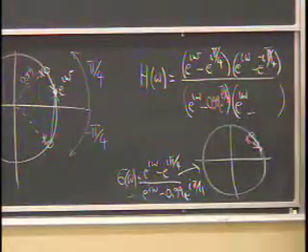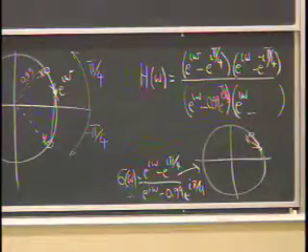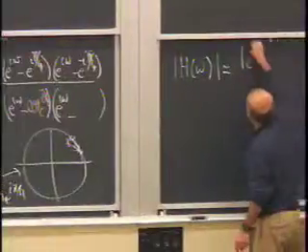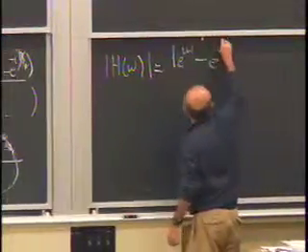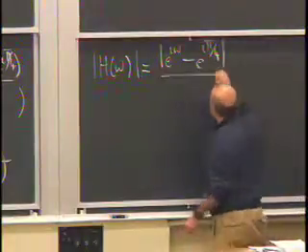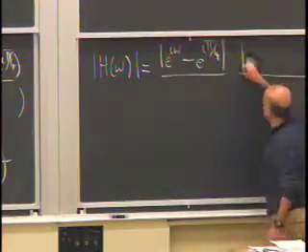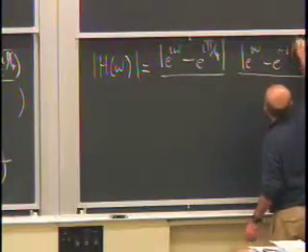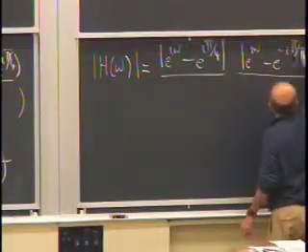So if I were to write h(omega), it'll be the magnitude of (e^{i omega} - e^{i pi/4}) over... I'm going to separate them in a smart way now: (e^{i omega} - e^{-i pi/4}).